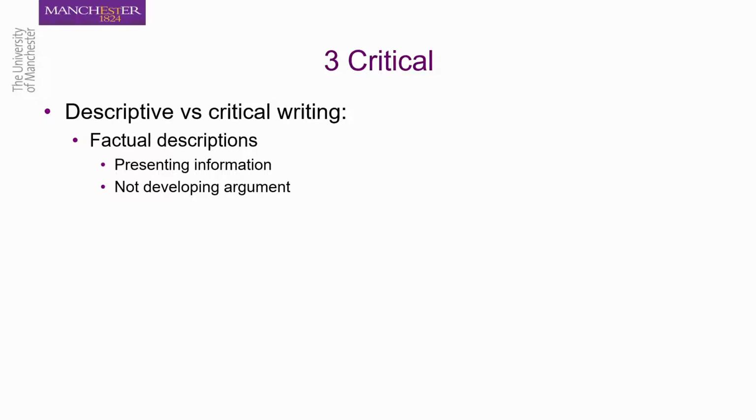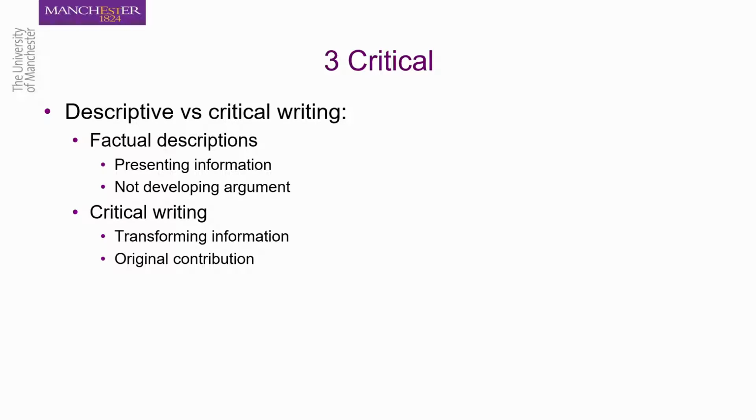When you do scientific writing, the goal is not just to present the information, but also for the information you present to serve the purpose of making an argument. So in every piece of scientific writing, you have to make an argument, and therefore you have to write critically, meaning that you have to transform the information you have and make your original contribution.